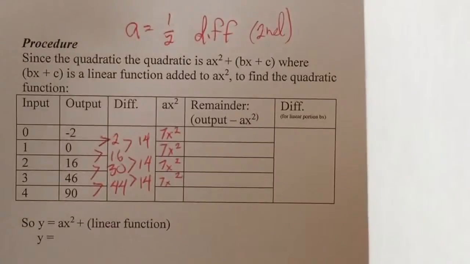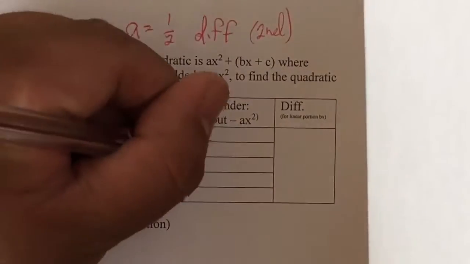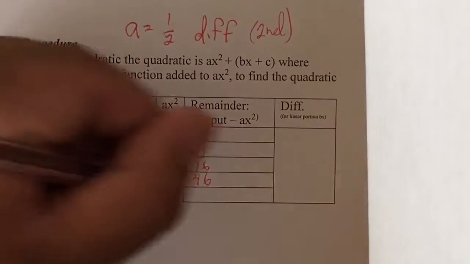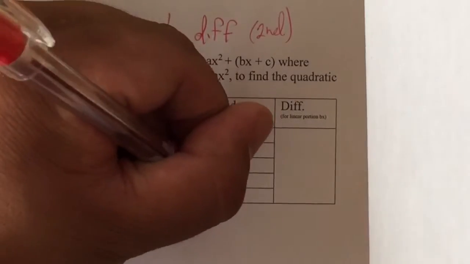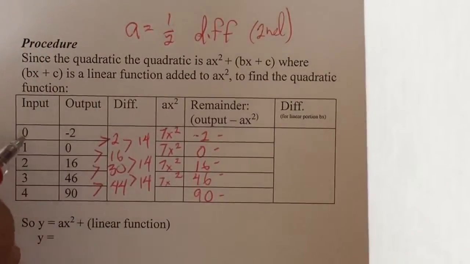That's what we're going to do here. So we're going to have all these outputs, 16, 46, and 90, and we're going to subtract ax squared. So we're going to plug in the x into the ax squared.